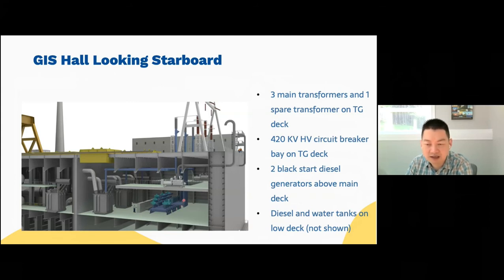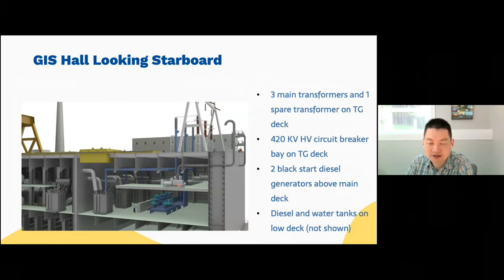You can see on the deck that's above the TG deck. Actually, there's a typo here. There shouldn't be a main deck. It should be TG deck. There are two diesel generators. Each has a 1 megawatt output.